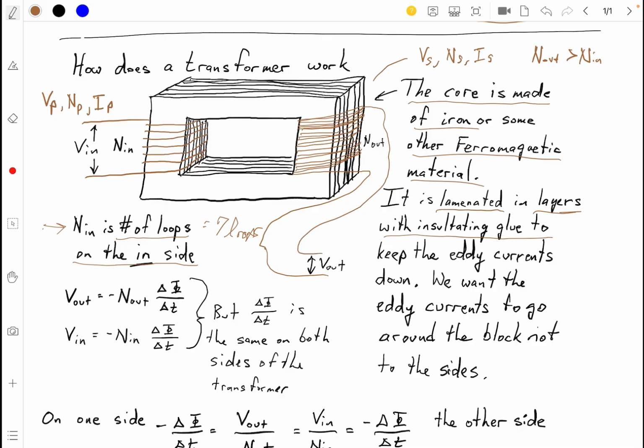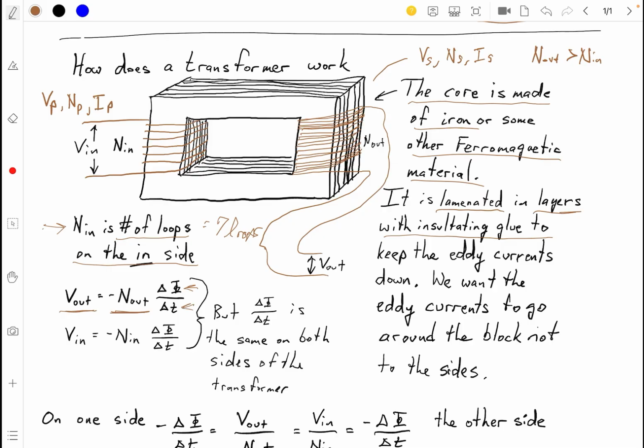This is our EMF, okay? And the EMF is equal to the number of coils times the delta flux divided by delta time.